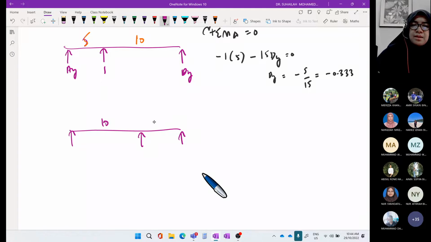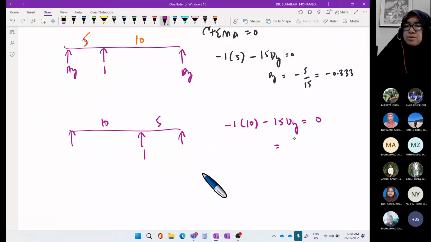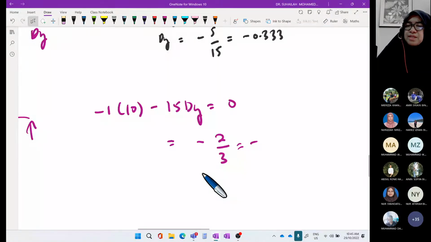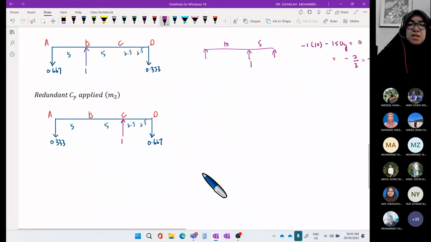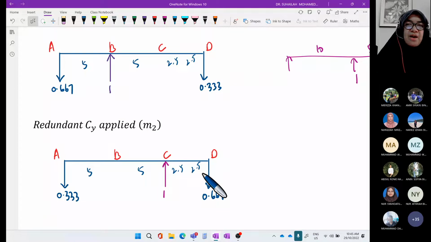This is 10, this is 5. Kan? 10 dengan 5. So, yang ni negatif 2/3. So we get 0.667. Betul. Okay, everyone?